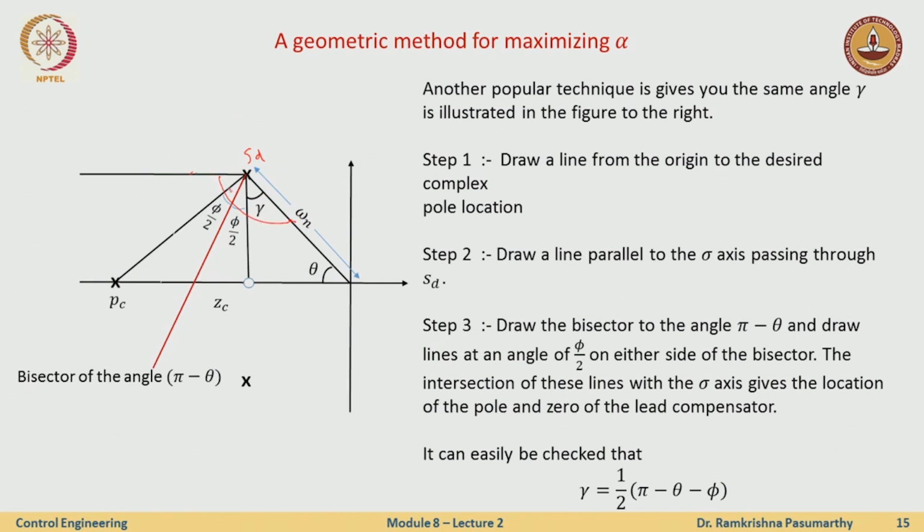I draw a bisector to this angle, and I know phi, which is derived by these computations. So I go phi by 2 to this side, draw a line, this is Zc, I go phi by 2 to this side, draw a line, and this is Pc.